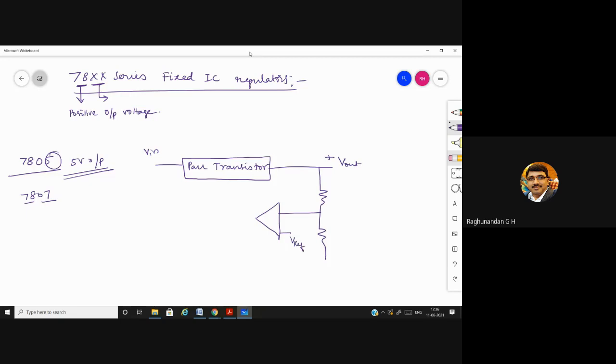This is V reference, R1, R2. This is a common point, or it might be a ground. Here you'll be having thermal shunt and current limiting circuit, and this is given out to be here.